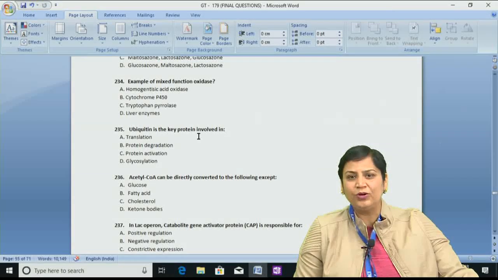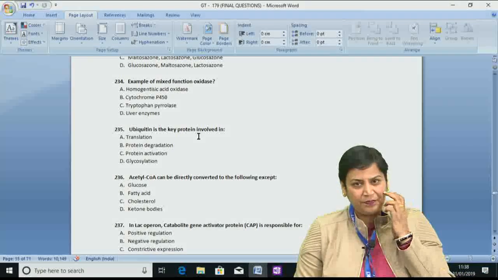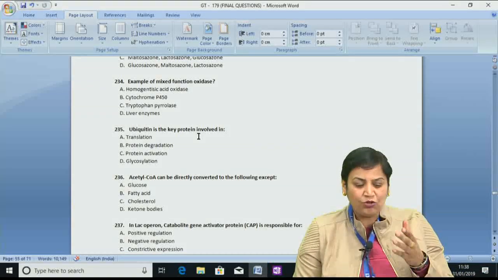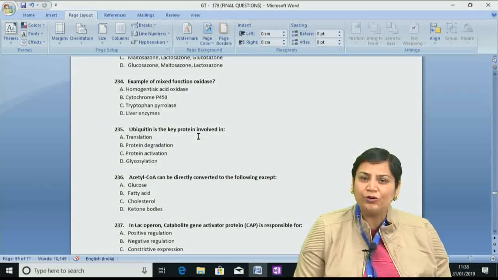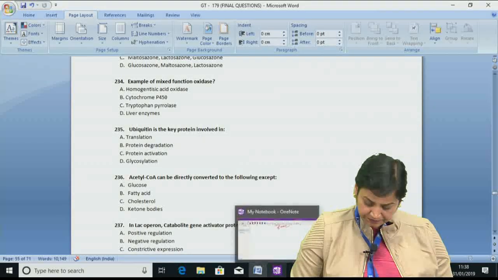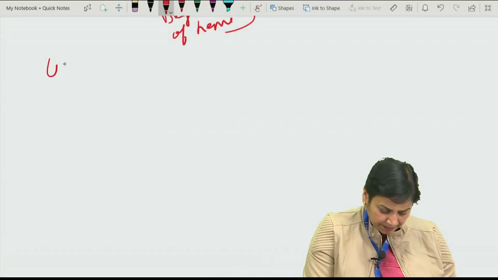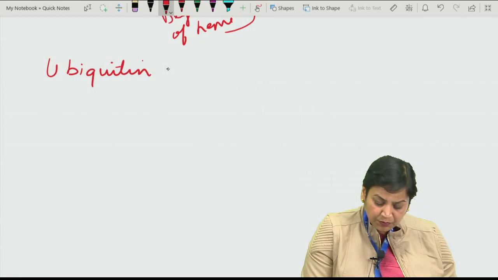The next question: ubiquitin is the key protein involved in what? Now see, ubiquitin is basically a protein and it helps in degradation. It is clear from the word itself, ubiquitin means it is ubiquitous in nature. It is present everywhere. Ubiquitin helps in protein degradation.